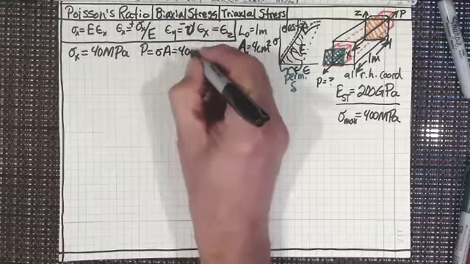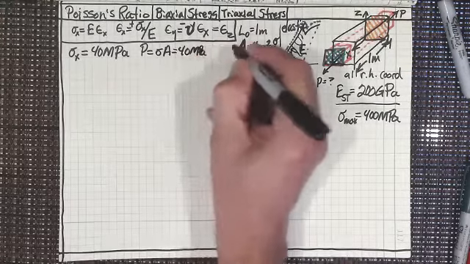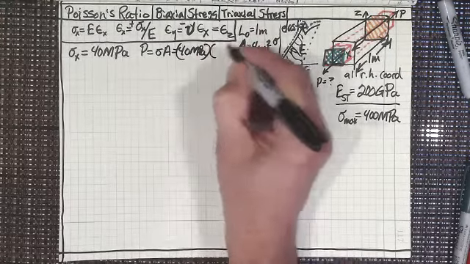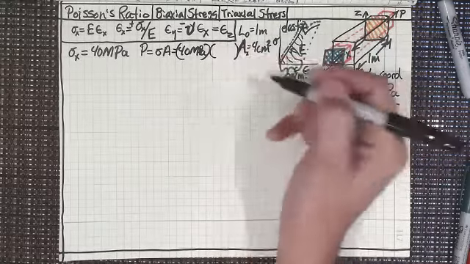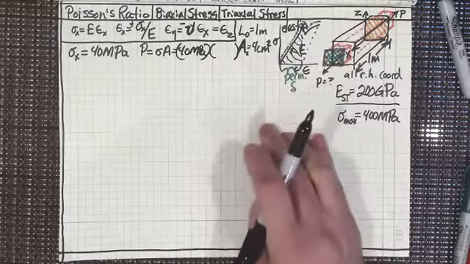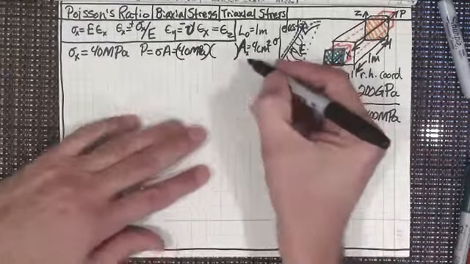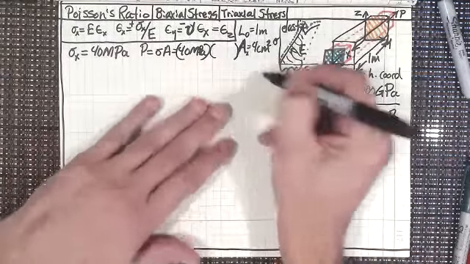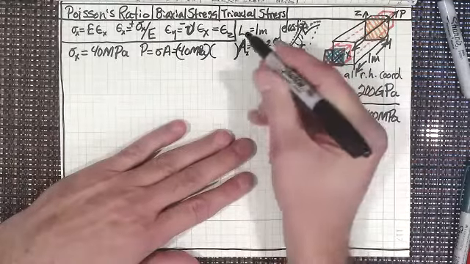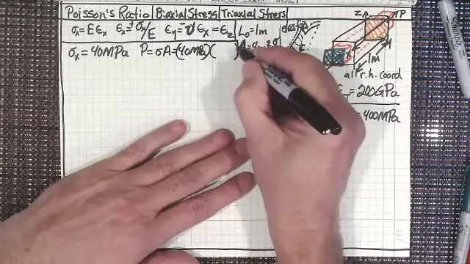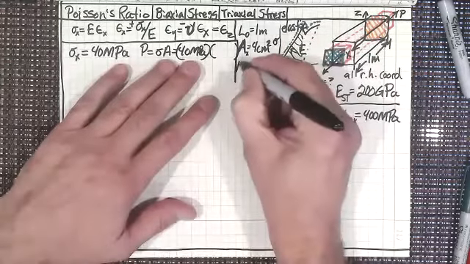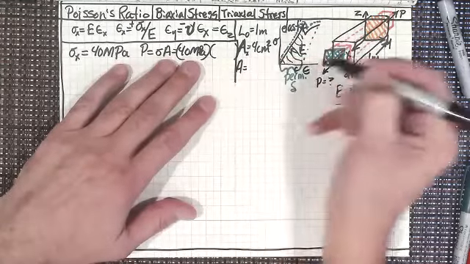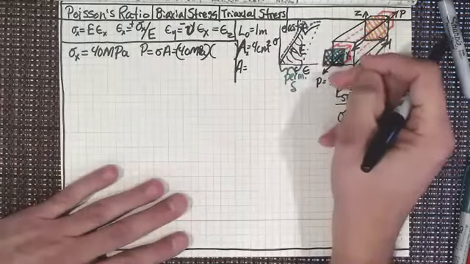So 40 megapascals times, what is 4 square centimeters? We certainly can't put 4 square centimeters in there, can we? If I had to write 4 square centimeters in square meters, what would that be?